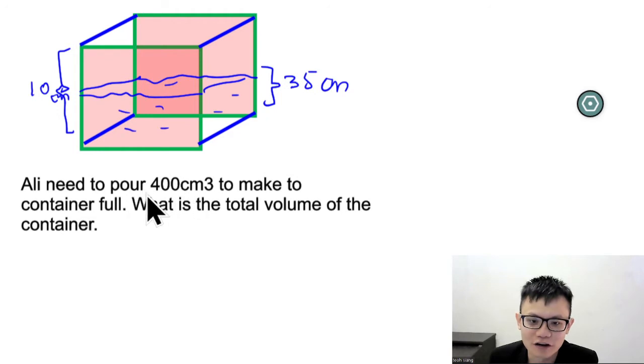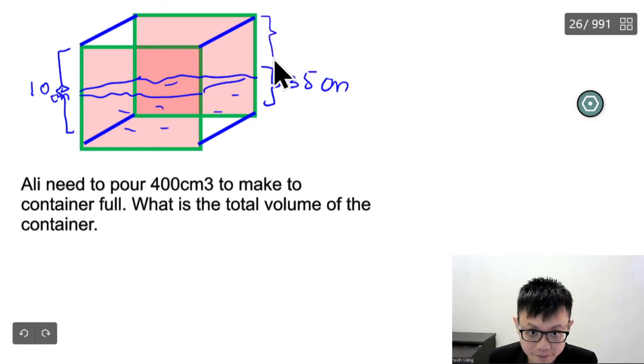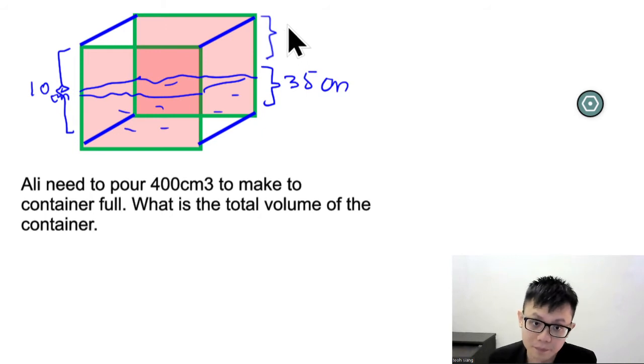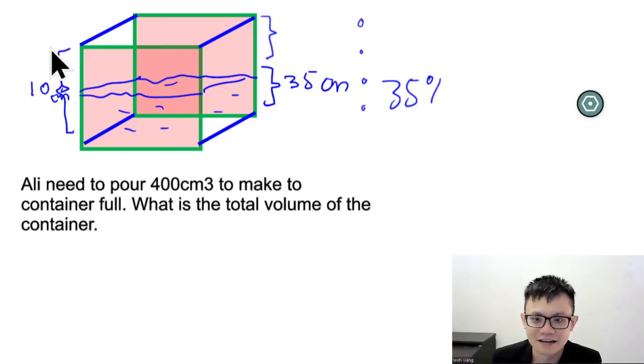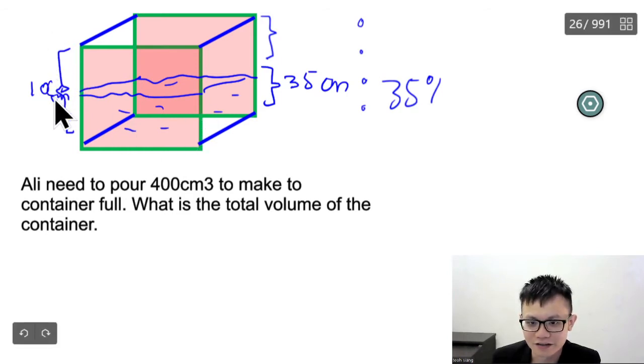I need to pour 400 cube to make the container full. So for this one, 35, here will be how many? 65, correct or not? 65%. Because I know that here is 35%. Let's try this, 35%, and here will be 65%.